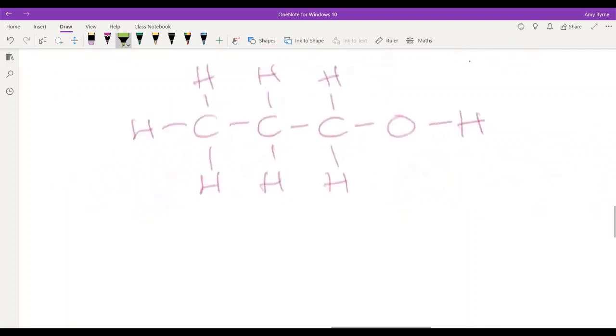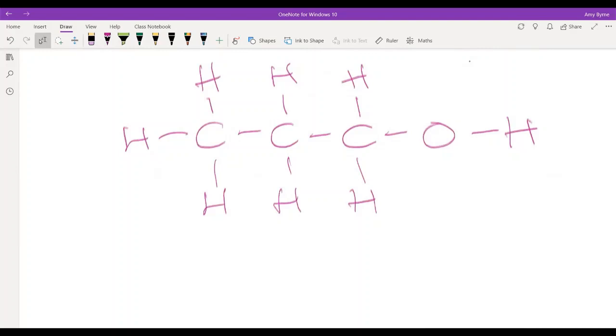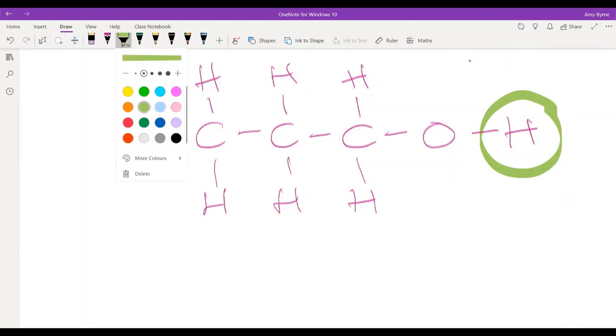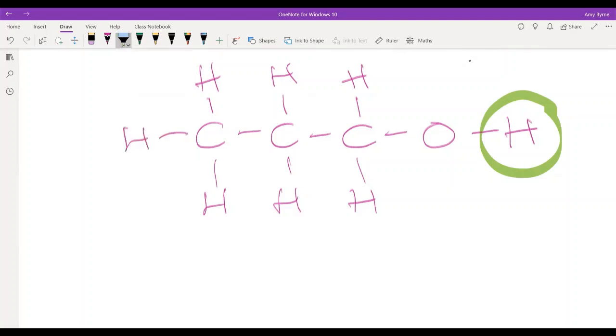So let's start with propan-1-ol. I have one environment here that is a hydrogen that is directly bonded to an oxygen. I then have hydrogens that are attached to a carbon attached to an oxygen.